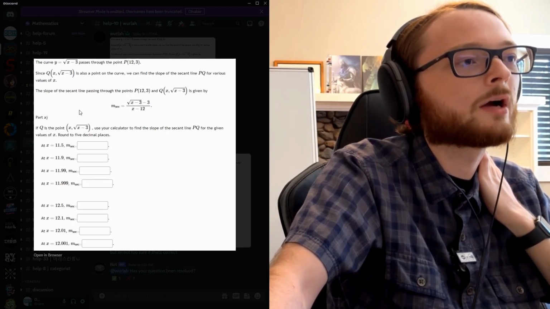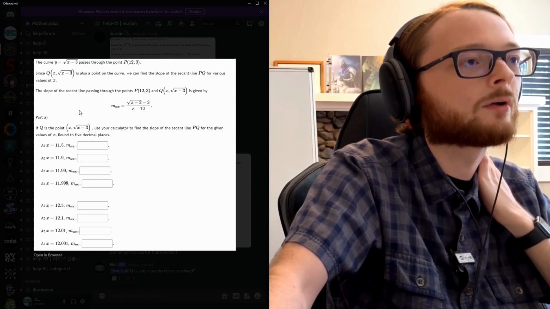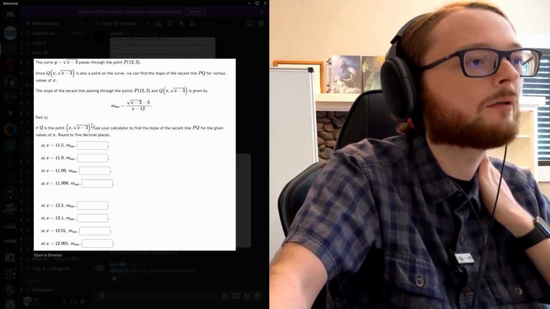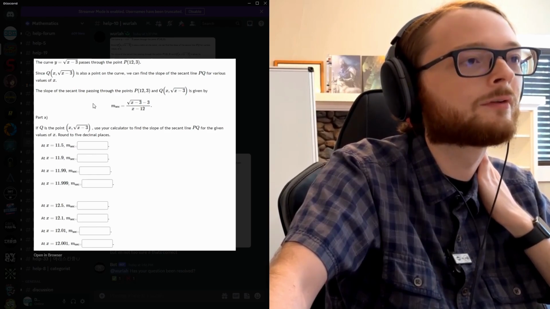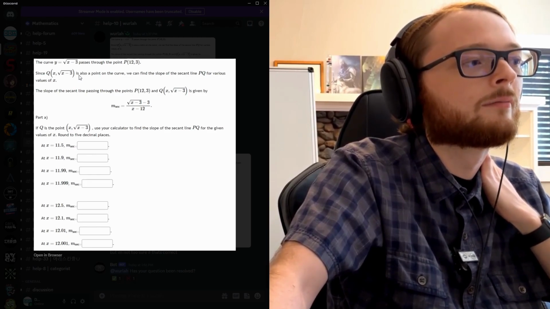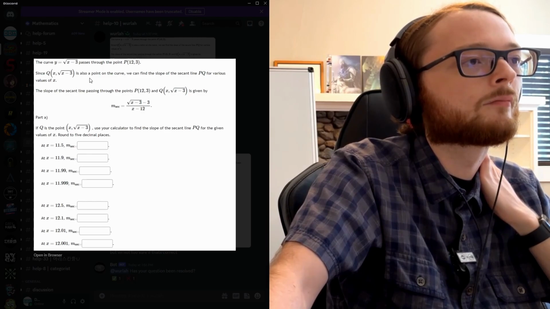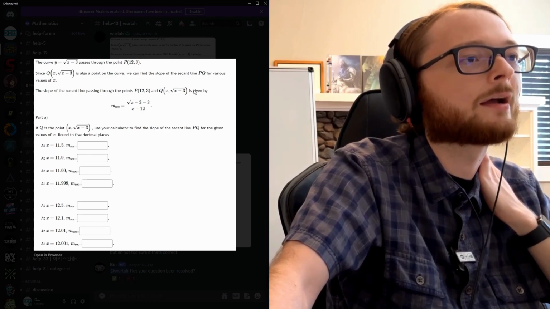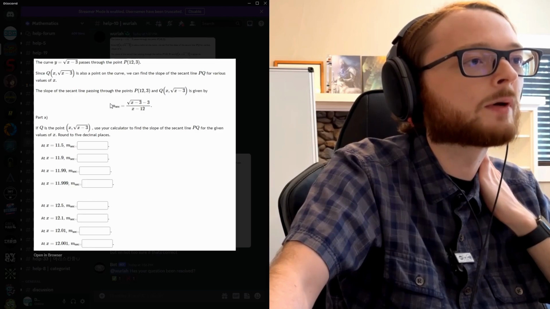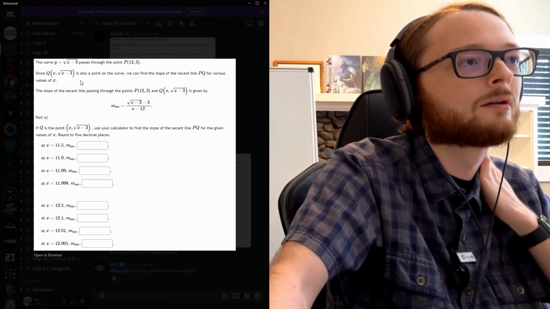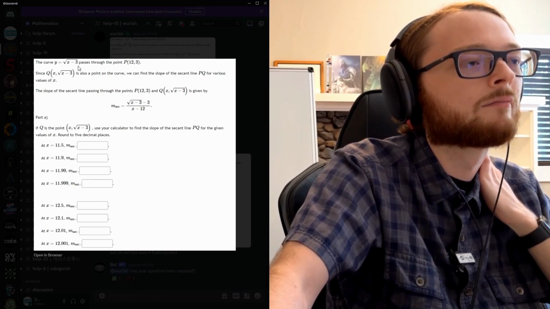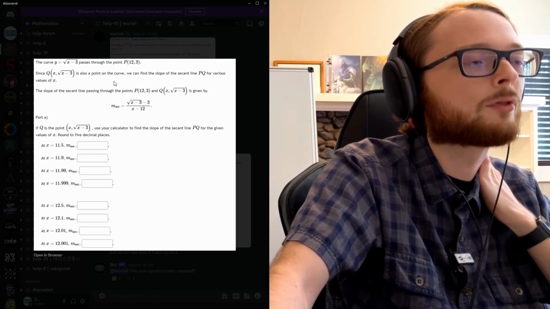This is apparently, oh gosh, they're doing the numerical methods part of calc. Let's not look too far though. Oh no, never mind. Maybe they're just talking about limits. Oh yeah, I can see they're building up to the definition of a derivative with secant lines. Y equals root x minus 3 passes through point P, 12 comma 3.